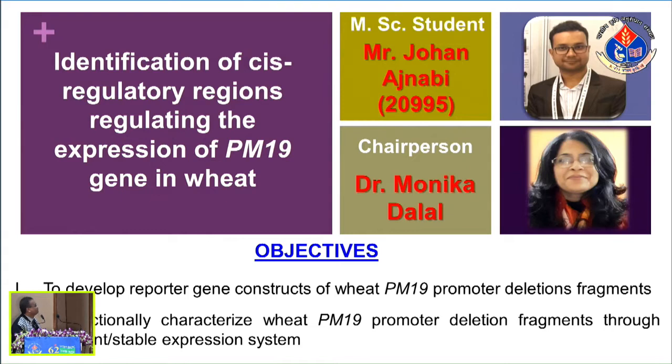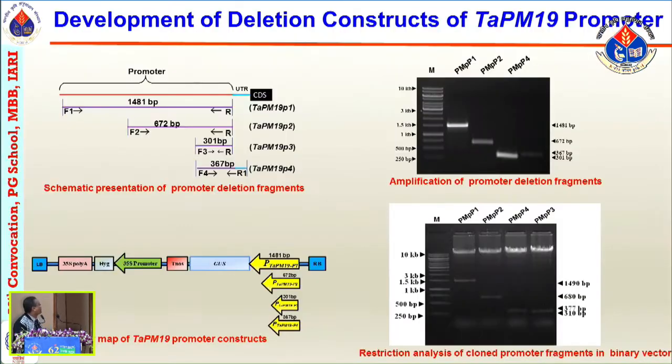Mr. Johan characterized the promoter of a wheat gene called PM19 that encodes a plasma membrane protein. 4 different deletion fragments of the promoter were PCR amplified and placed before the GUS reporter gene for transient expression.